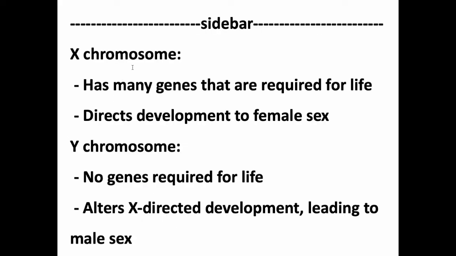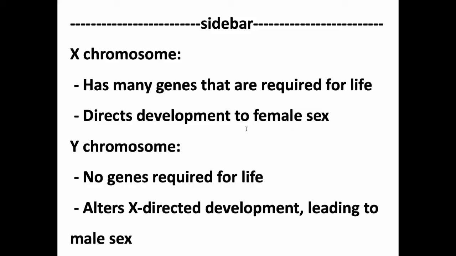So the X chromosome has many genes not related to sex development that are just straight up required to be alive. And the other genes within the X chromosome direct development toward female sex. It just has instructions for, during development, build a uterus, build ovaries, go through this process of building female sex.